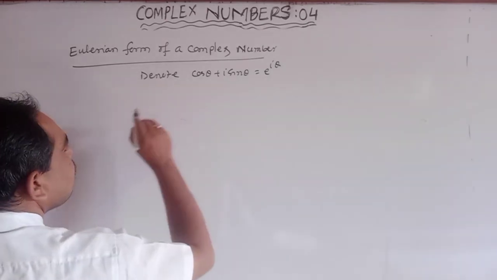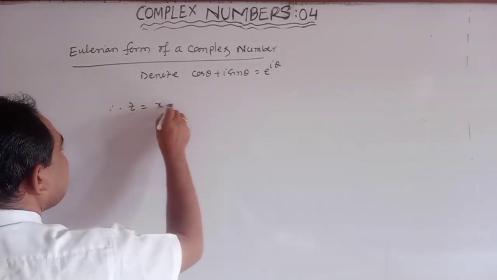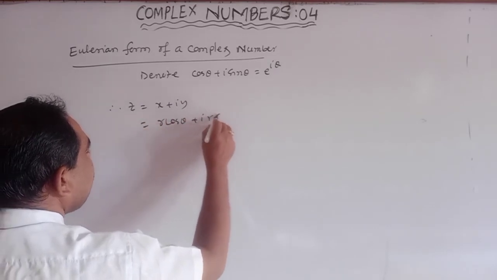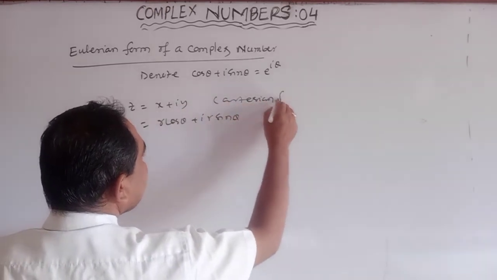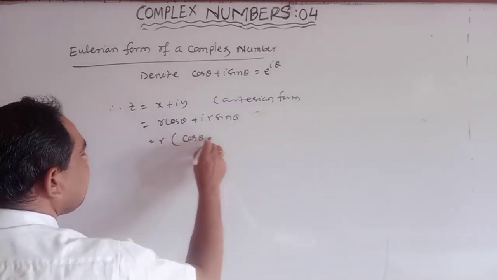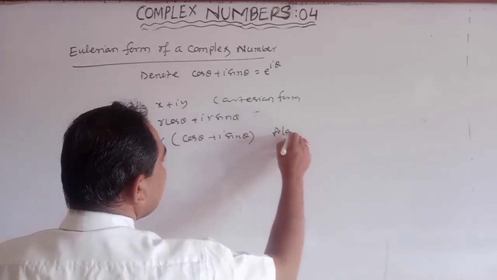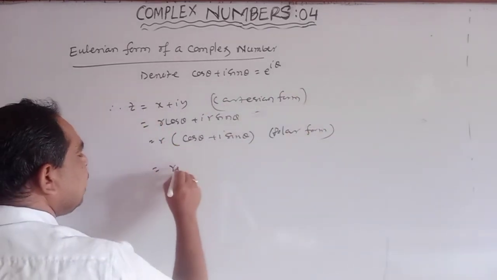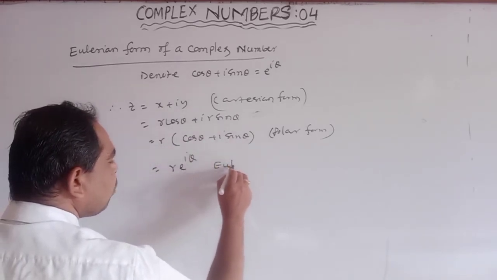Therefore, e to i theta means the exponential formula. Therefore, z is equal to x plus iy is equal to r cos theta plus i into r sin theta. This is the Cartesian form, and this is the polar form. Or z is equal to r into cos theta plus i sin theta. This is the polar form, and z is equal to r into e to power i theta. This is called the Eulerian form.